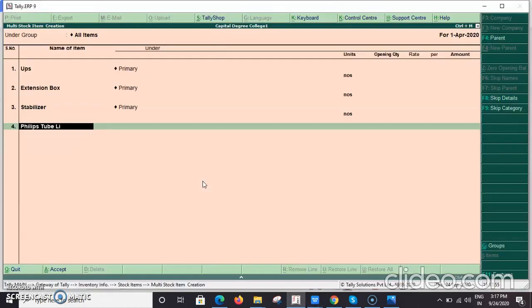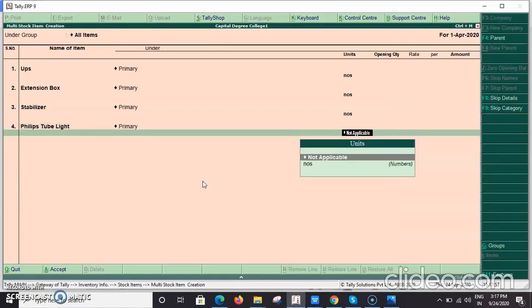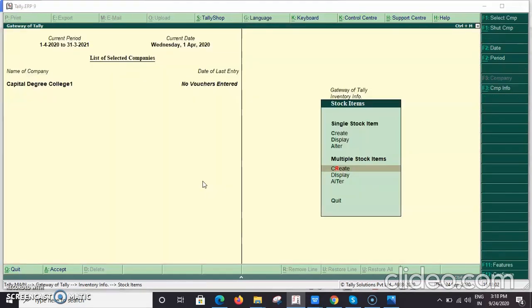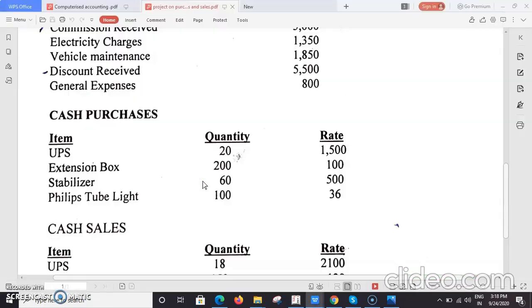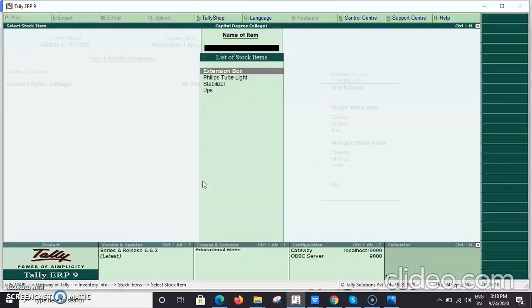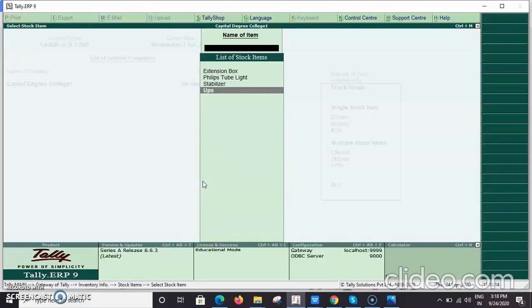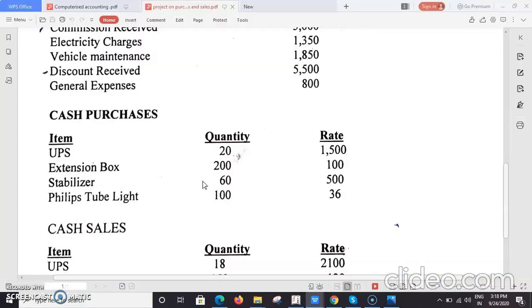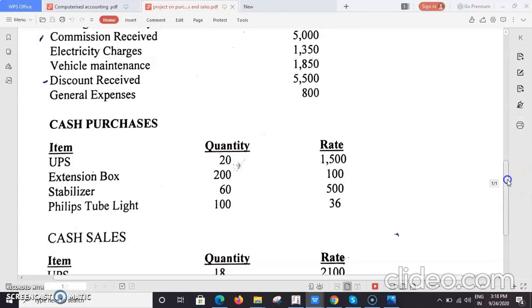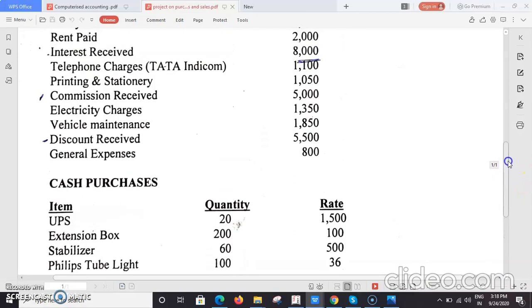Philips tube light, primary, numbers. Now I have created all the stock items which we require. See here in the display: extension box, stabilizer, Philips tube light, UPS. All the things I have created. Now I have to enter receipts and payments, and purchase and sales.